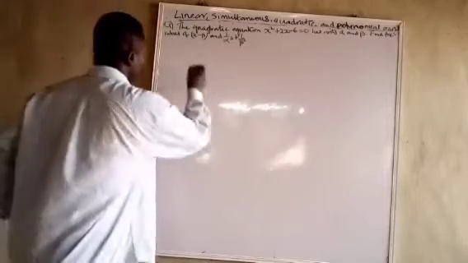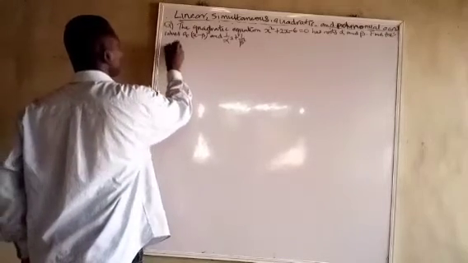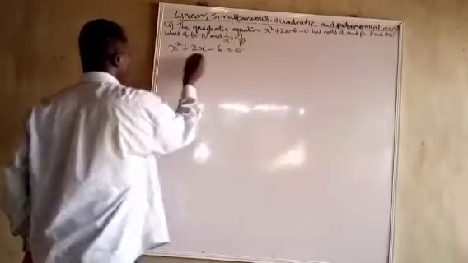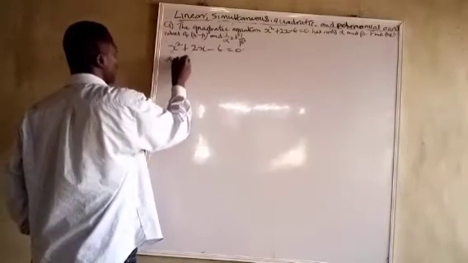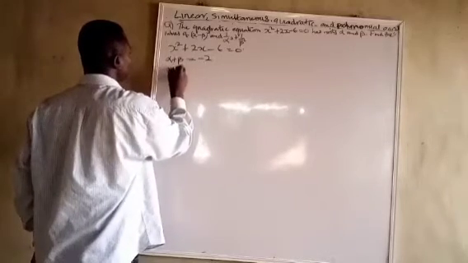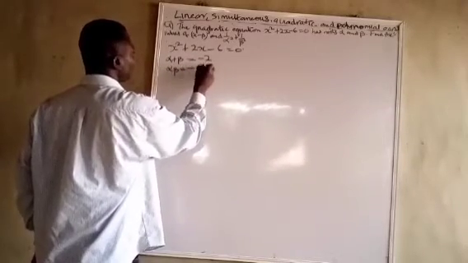The quadratic equation x squared plus 2x minus 6 equals 0 has roots alpha and beta. Find the values of alpha minus beta all squared and 1 over alpha squared plus 1 over beta squared. So for the first one, the equation is x squared plus 2x minus 6 equals 0. From here, the sum, that's alpha plus beta, is equal to minus 2, and alpha beta is equal to minus 6.